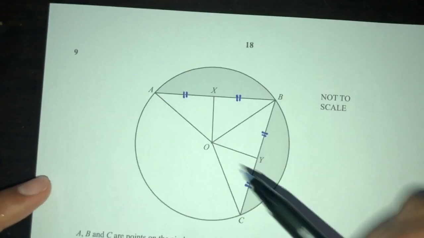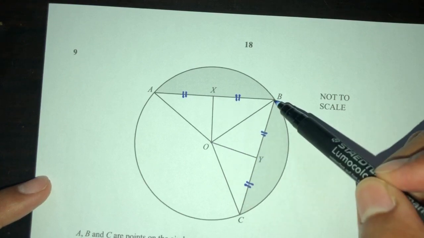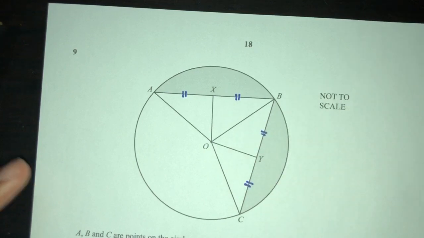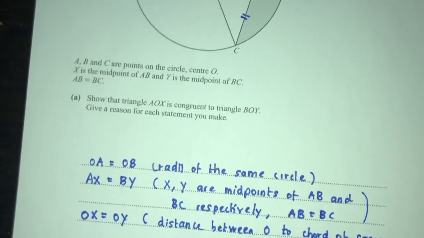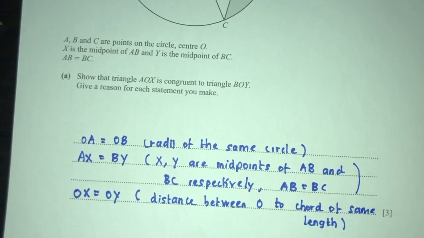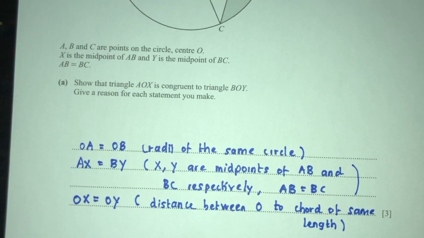As you can see here, this going to here is the same as this going to here because we know that these are chords of the same length. So obviously they have to be of the same distance. That will be the three justifications why these two are congruent. And then finally you would say, because of that, we conclude that triangle AOX is congruent to triangle BOY. And this is part A of your question.